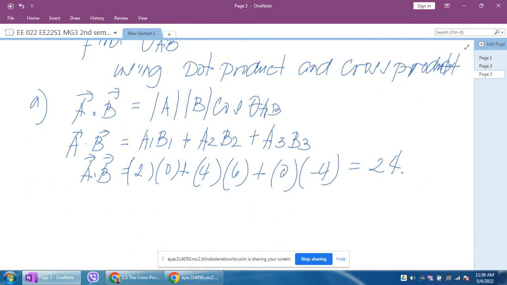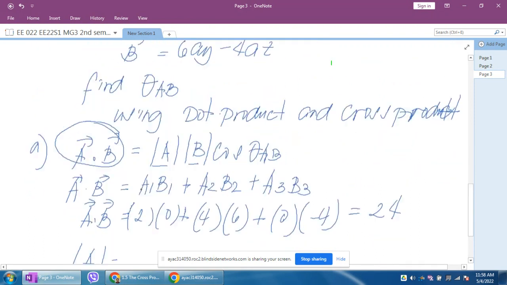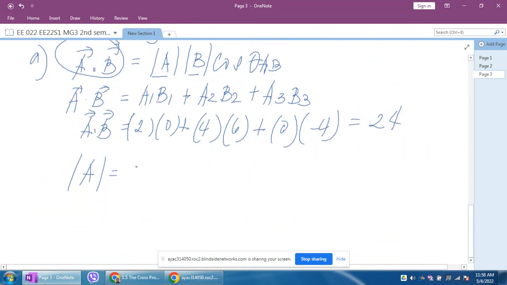Now, I need to solve for the magnitude of A. So, meron na ako nito. Kunin natin ito para ma-solve natin yung angle. So, what is the magnitude of A? You have square root of 2 square plus 4 square. How much is this?